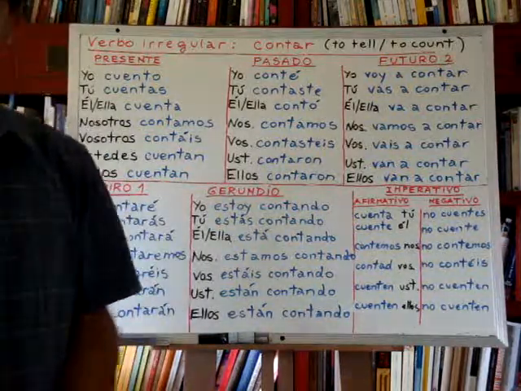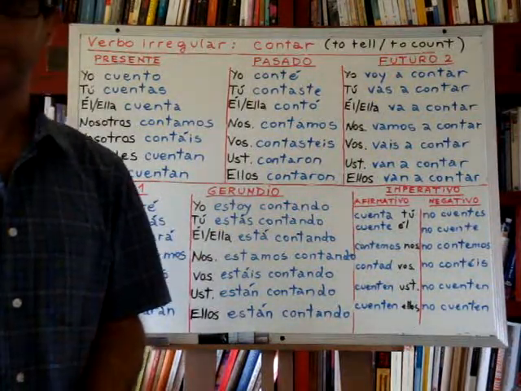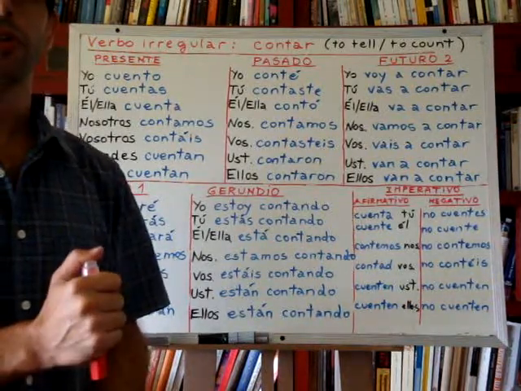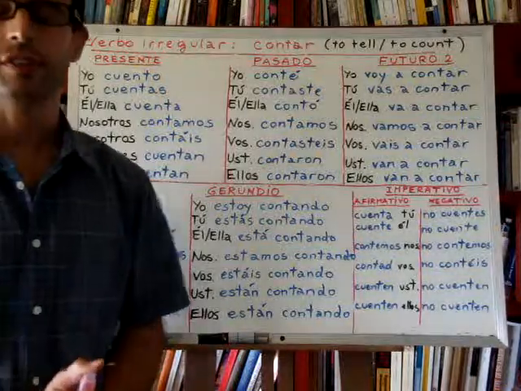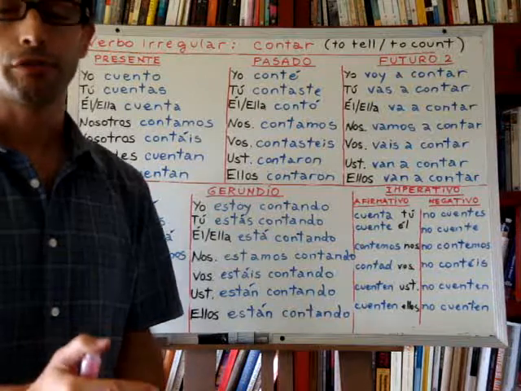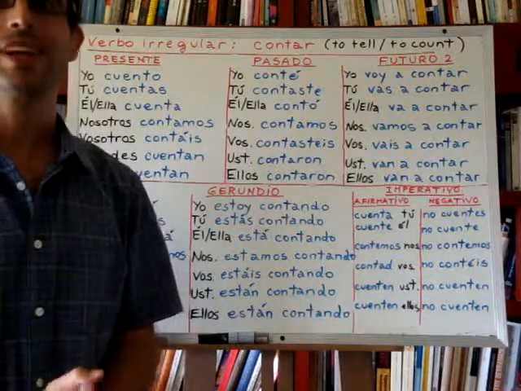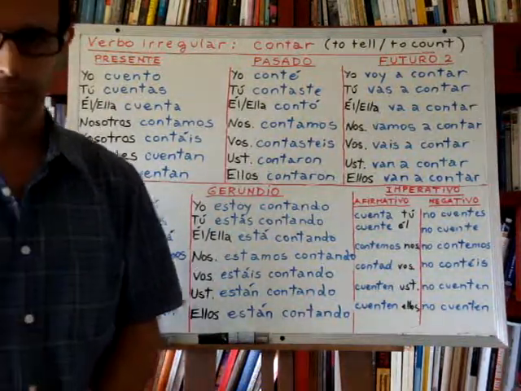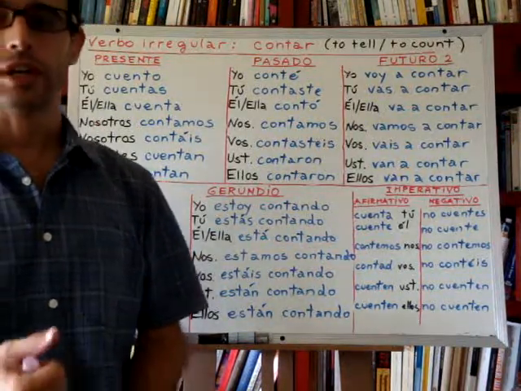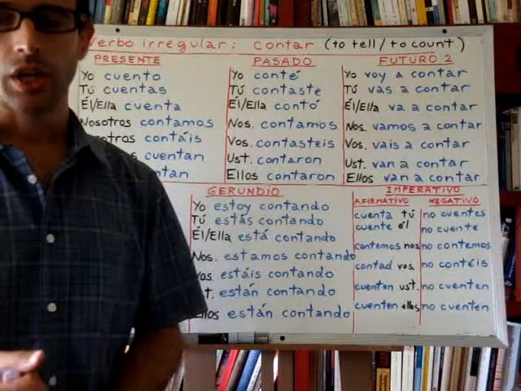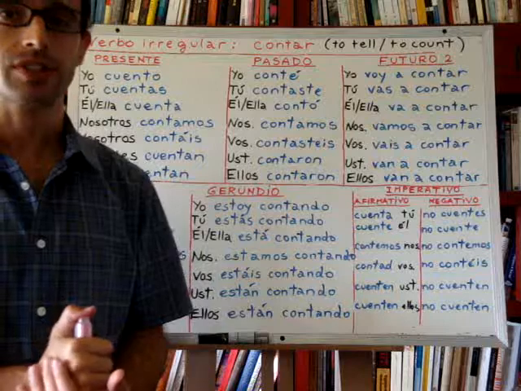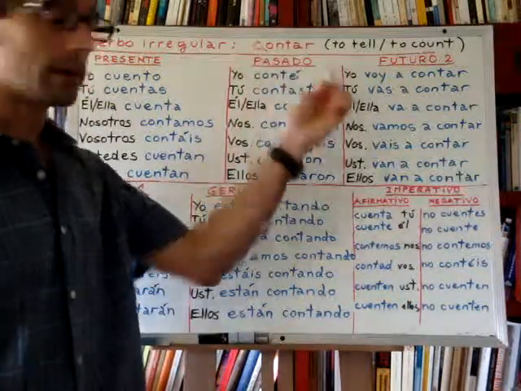But also the verb contar means to tell, right? And we differentiate contar from decir. For example, we usually translate the verb to say with the Spanish verb decir, okay? And the verb to tell, we translate as the verb contar, okay?